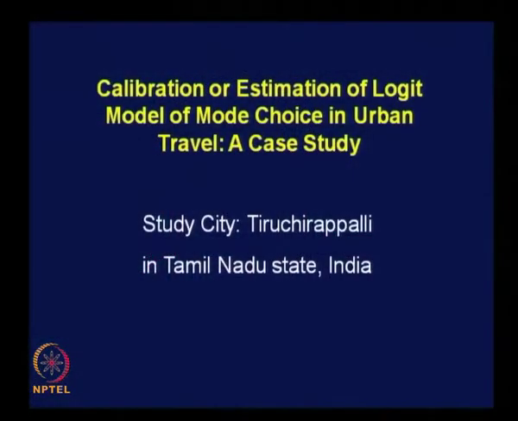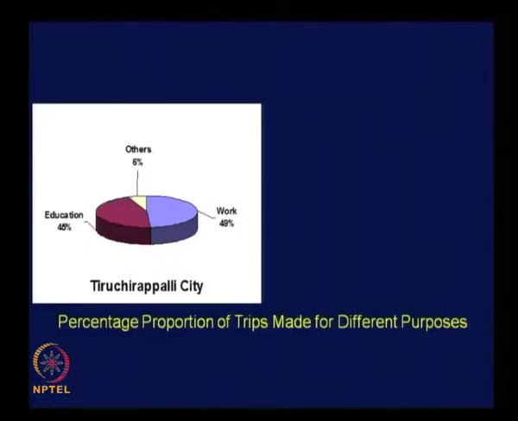And to give you some idea about the travel pattern in the city, I will just give you two important statistics, and we will also try to compare this with situation in developed countries. This pie diagram shows you the details of percentage proportion of trips made for different purposes.